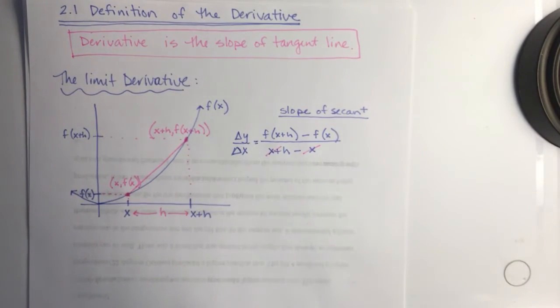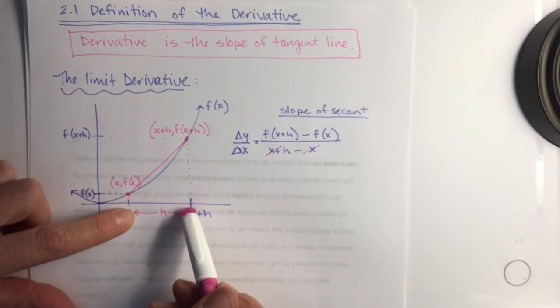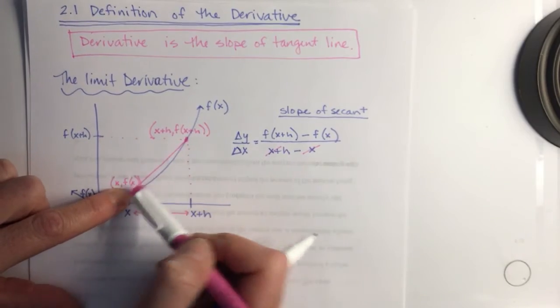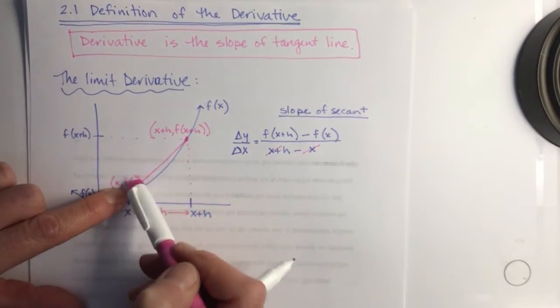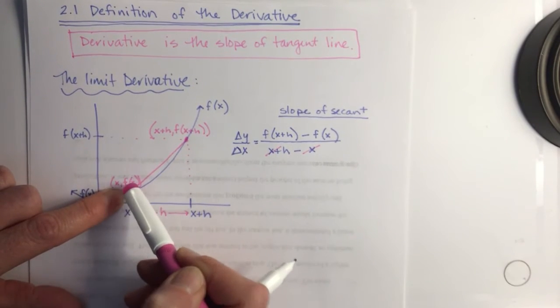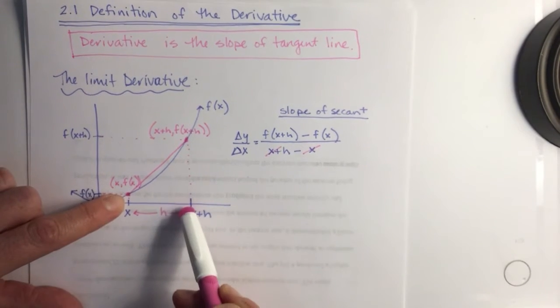Now, we don't want the slope of the secant line. What we want to do is make this h smaller and smaller and smaller so that we get a tangent slope, right? For the derivative, we don't want a secant slope. We want to bring this as close as possible to x.